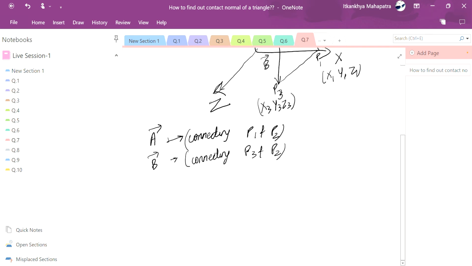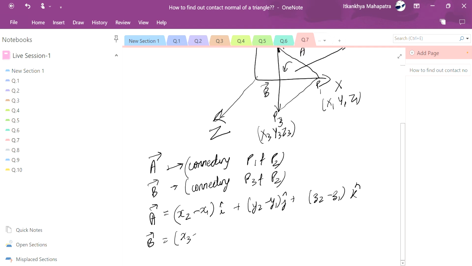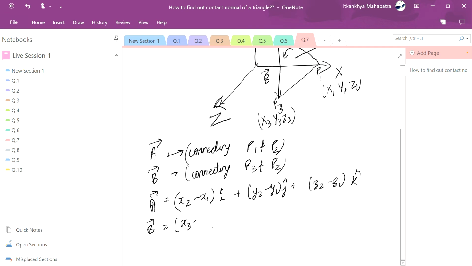So now we will write the equation: x2 minus x1 i cap plus y2 minus y1 j cap plus z2 minus z1 k cap. For B vector it will be x3 minus x2 i cap plus y3 minus y2 j cap plus z3 minus z2 k cap.